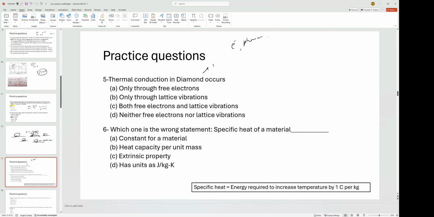Diamond, we know, is an insulator, so it doesn't conduct electrons. So 'only through free electrons' is incorrect, and 'both through free electrons and lattice' is incorrect. It is only through the lattice. The structure of diamond allows very good lattice thermal conductivity through phonons. So diamond is a really good conductor.